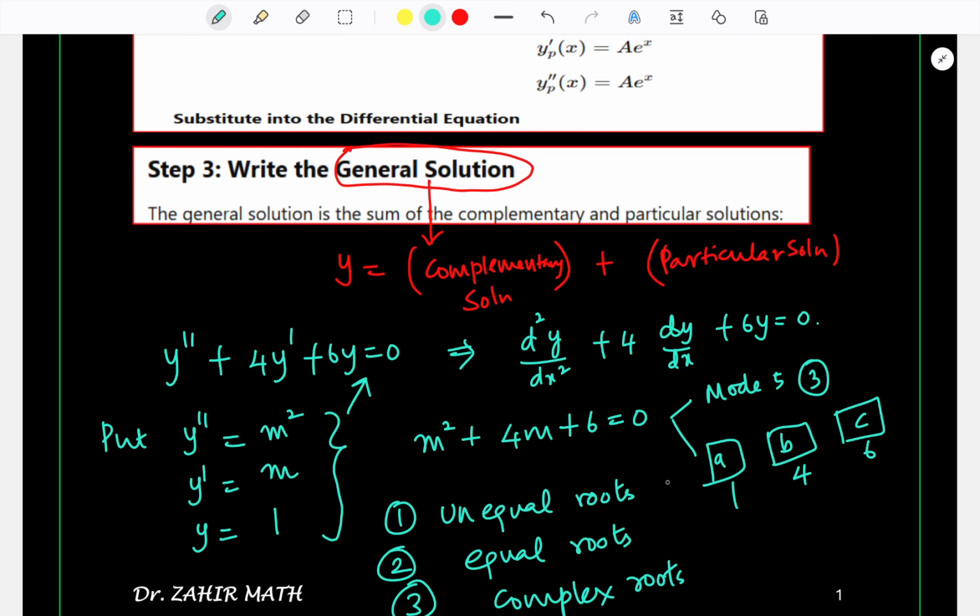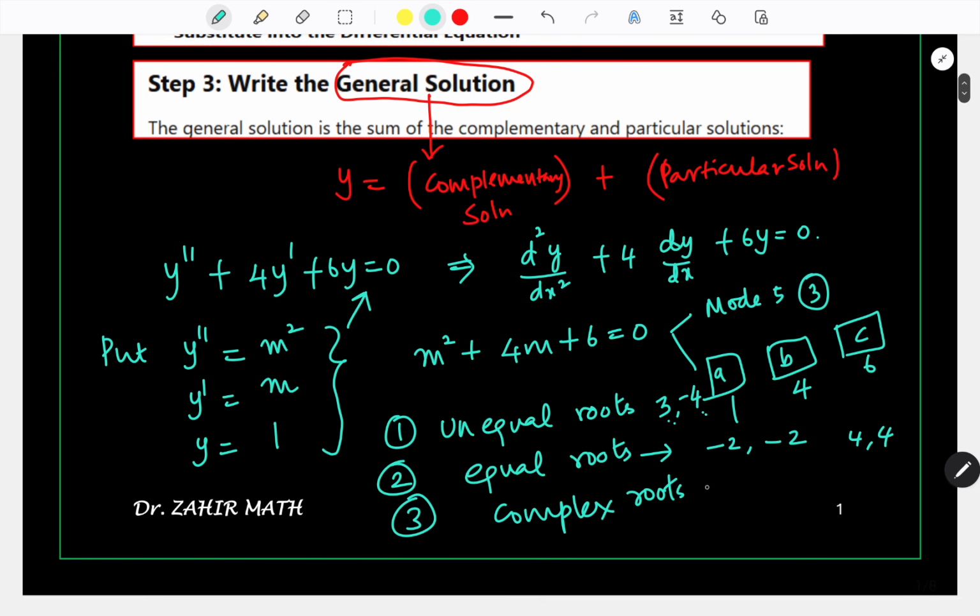Unequal means, for example, 3 comma minus 4. These two are not equal. Equal roots means, for example, minus 2 comma minus 2, or 4 comma 4. Complex roots means you will get something like 1 plus i, 1 minus i. Complex roots always occur in pairs. What do you mean by pairs? Together.